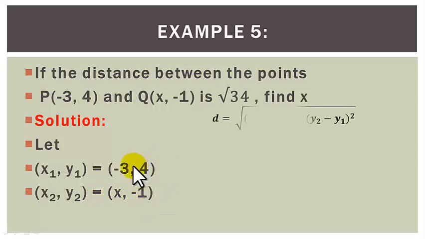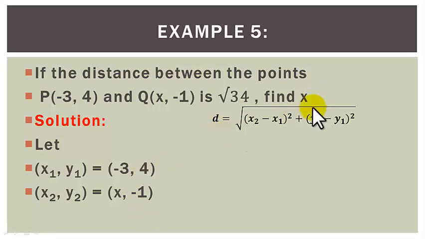Then, recalling our distance formula, D equal to the square root of (x2 minus x1) squared plus (y2 minus y1) squared. D is the square root of 34. x2 is x, while x1 is minus 3. y2 is minus 1, and y1 is 4.